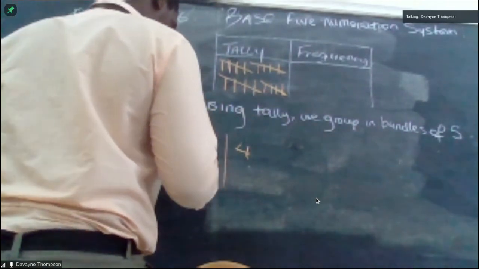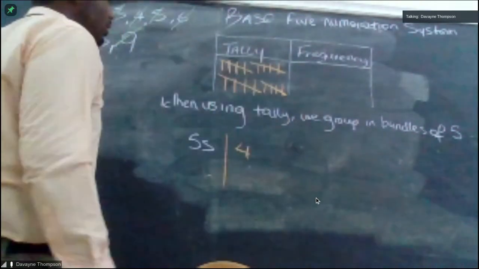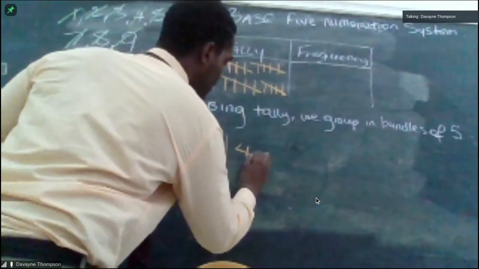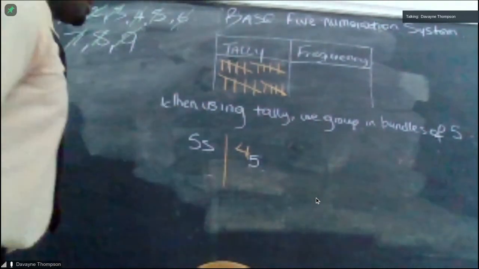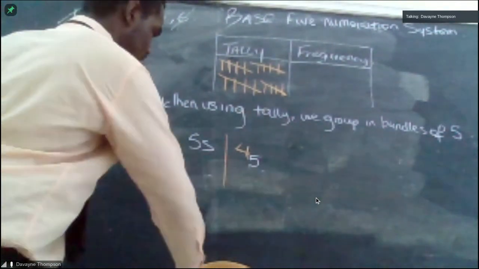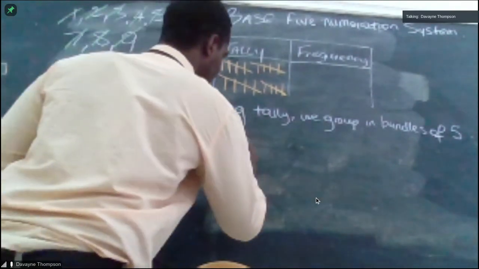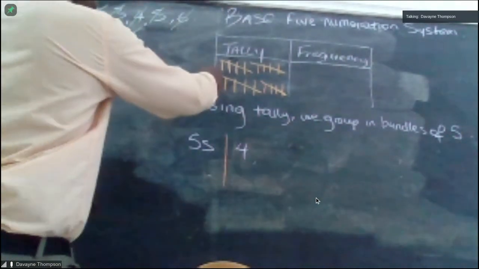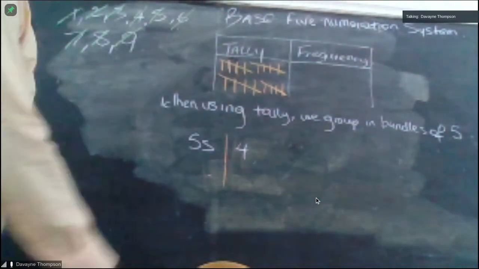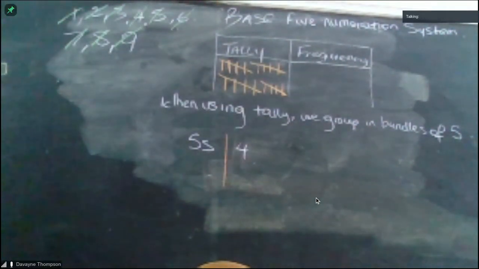Next thing is that if I was to individually call this a number, wouldn't I put a base 5 underneath it? Let me show you. So if I have 4 groups of 5, when I count the amount of numbers in these 4 groups of 5, how much do I get? 20.